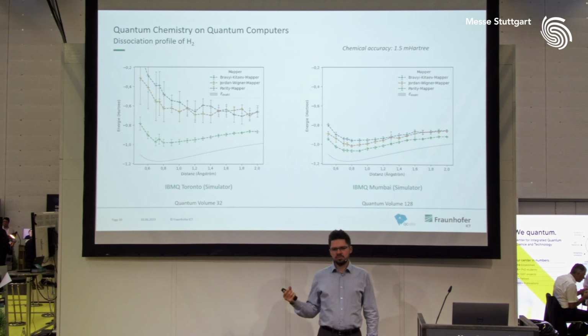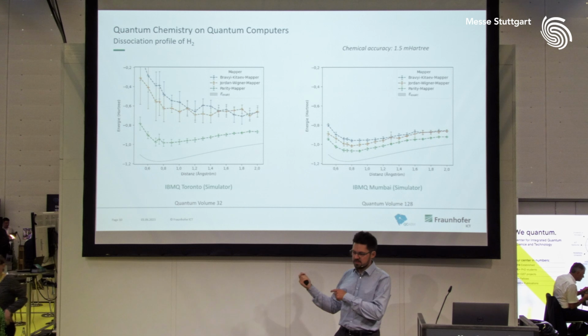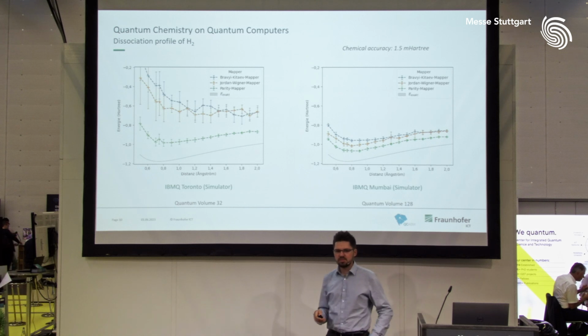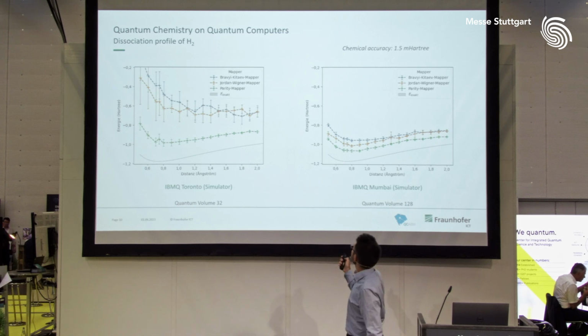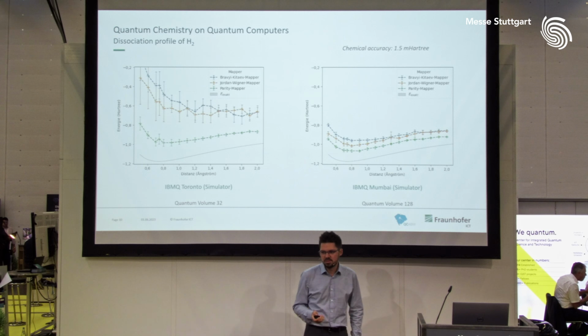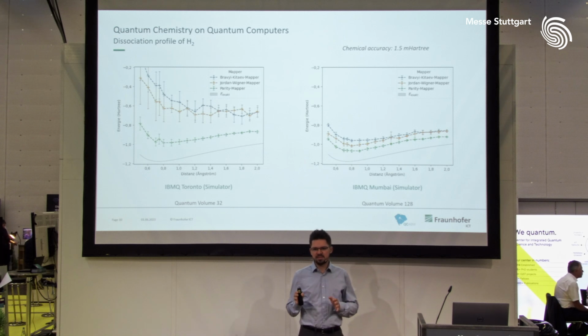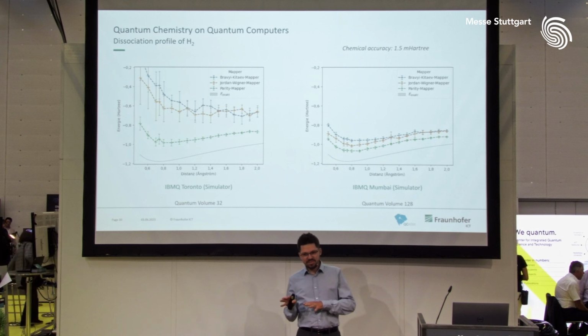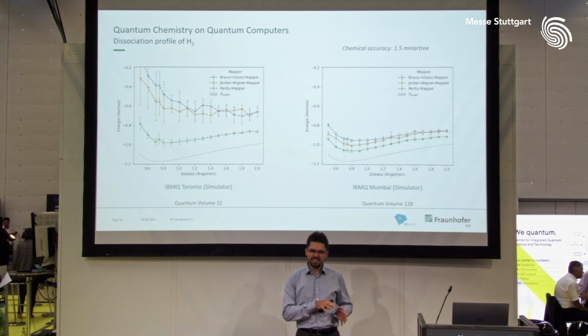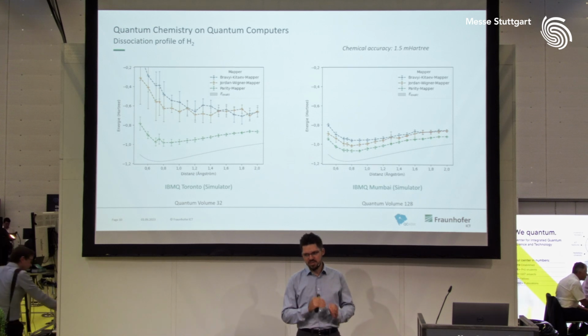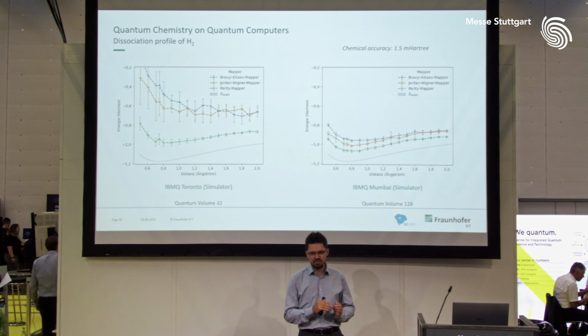There are lots of algorithmic tricks, which can be found in different papers, with which you can get from these results something that's within chemical accuracy, so within some regime of 1.6 millihartree, which is basically the gold standard which we have from classical computing.